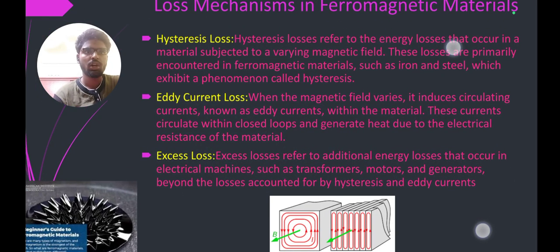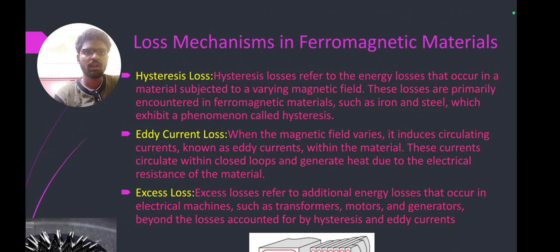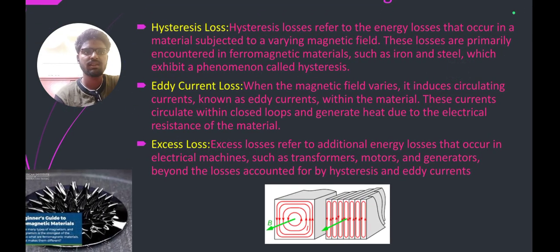Loss mechanisms in ferromagnetic materials. Hysteresis losses refer to energy losses that occur in a material subjected to a varying magnetic field. These losses are primarily encountered in ferromagnetic materials such as iron and steel, which exhibit a phenomenon called hysteresis.